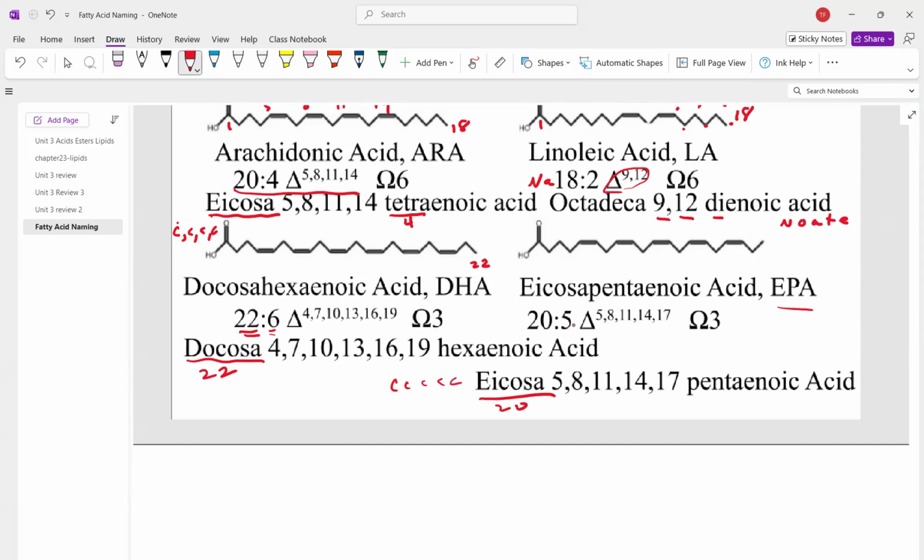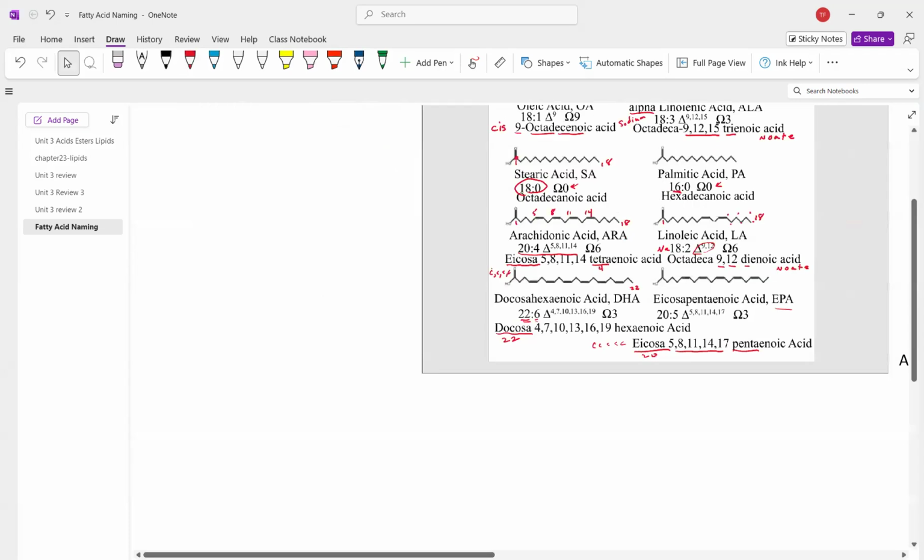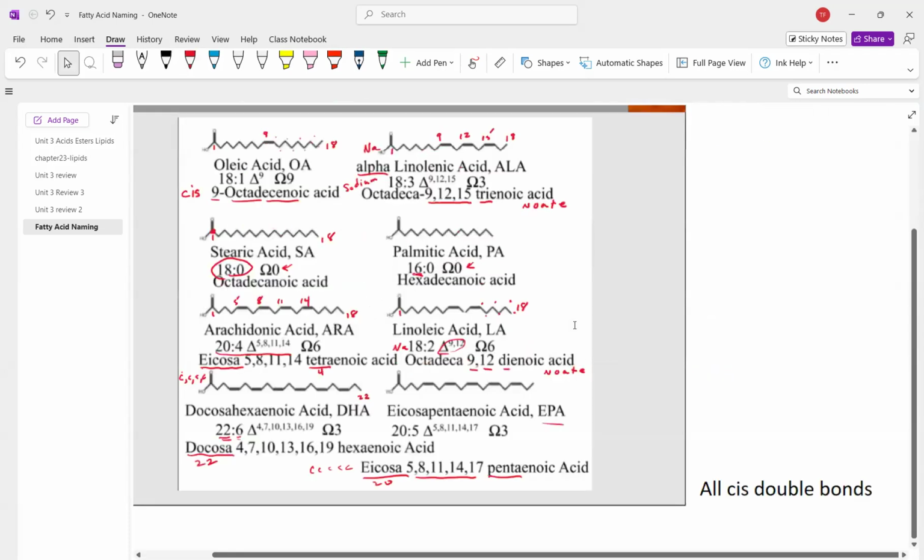Icosa 5, 8, 11, 14, 17 pentaenoic acid. The penta is 5, and you have to have 5 numbers that correspond to each one of the pentas. And it's abbreviated EPA.